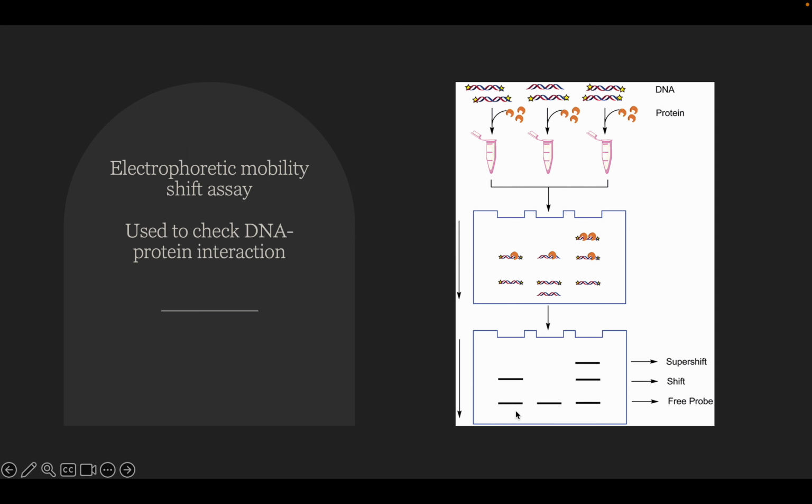Here, as you can see, this is the protein and this is the DNA, and if they are interacting with each other, there is a shift in the band. You can see the free probe, the shift and the super shift, and then you can identify if they are interacting or not.